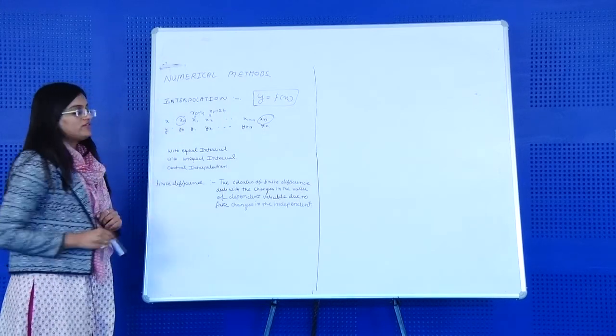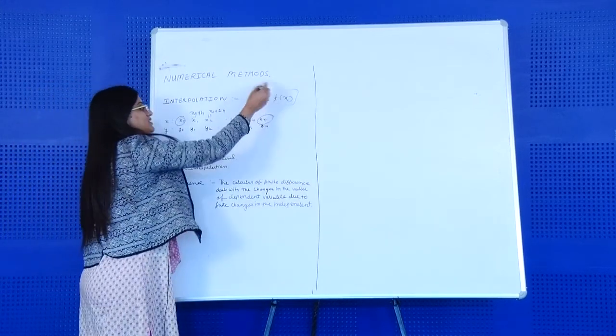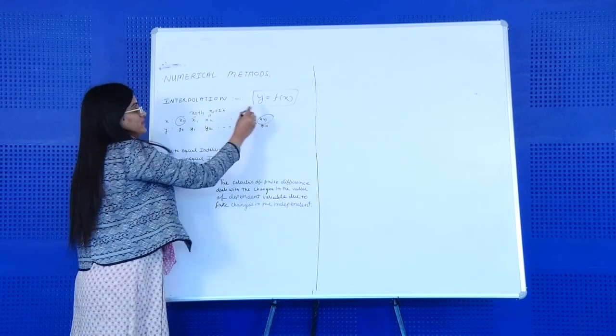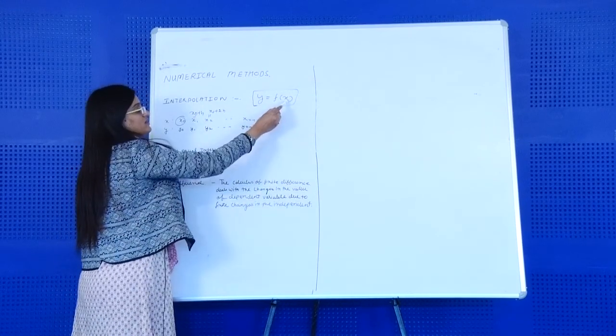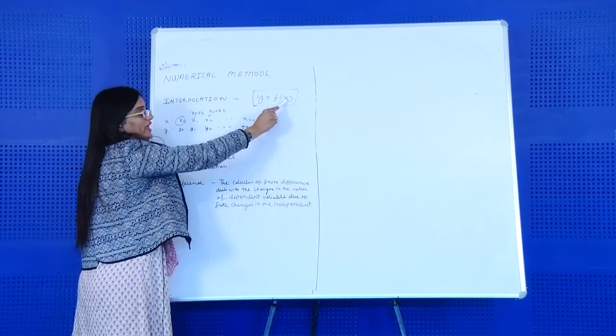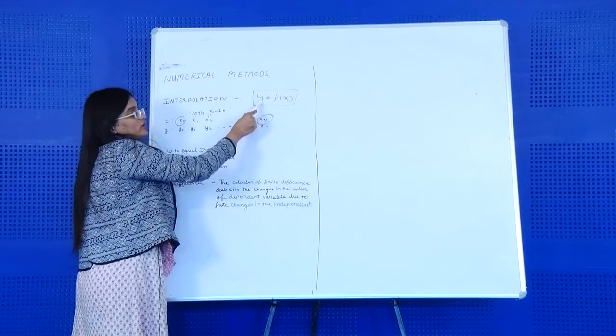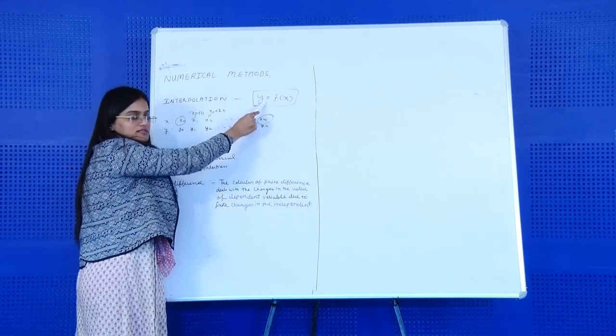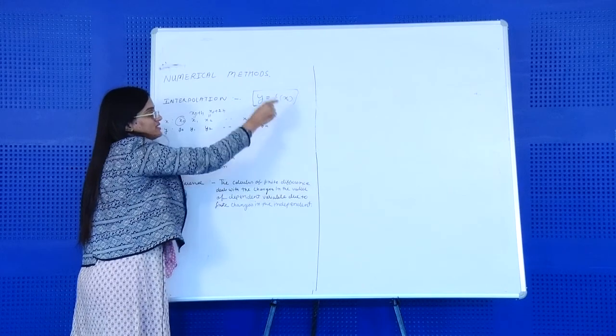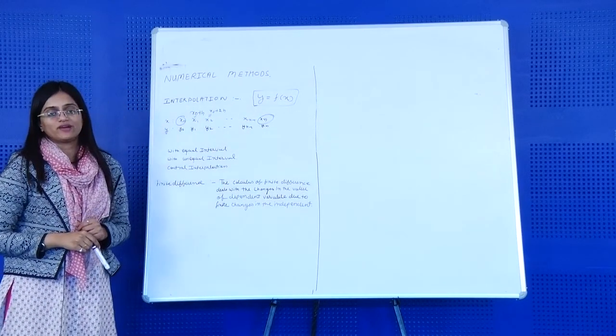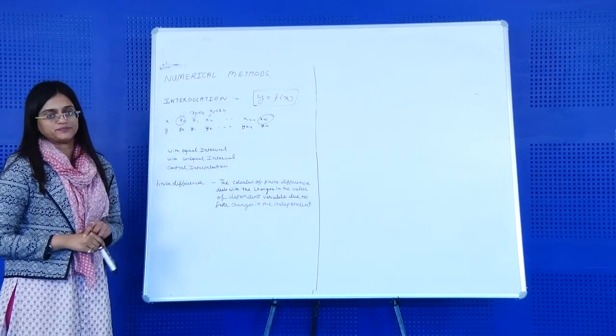That means the finite difference is the calculus of this equation, where in some situation if x changes, the corresponding y also changes. The calculus between these changes is known as the finite difference method.